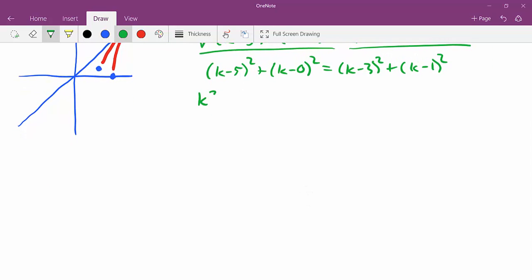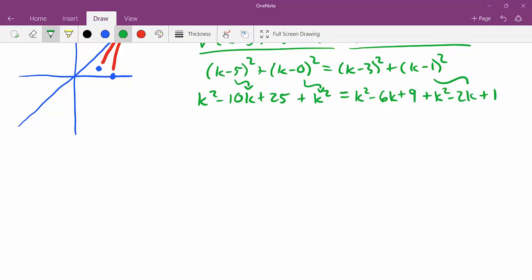We've got k squared minus 10k plus 25 plus k squared, that's that one. That's equal to k squared minus 6k plus 9 plus k squared minus 2k plus 1. From here, we need to combine like terms and try to simplify.